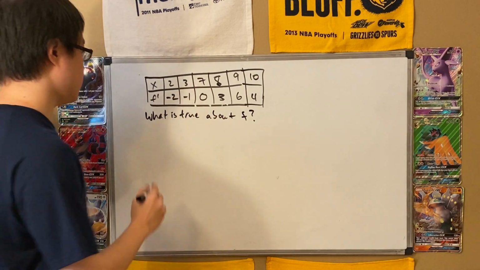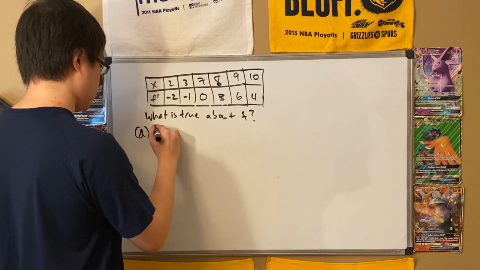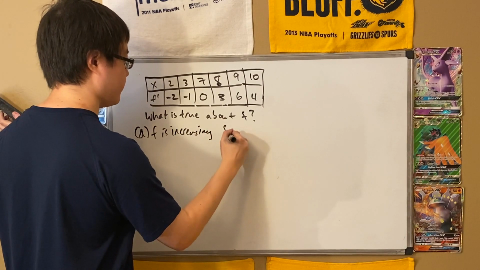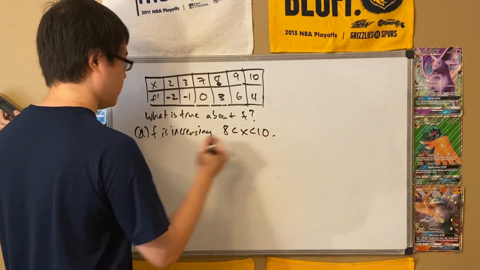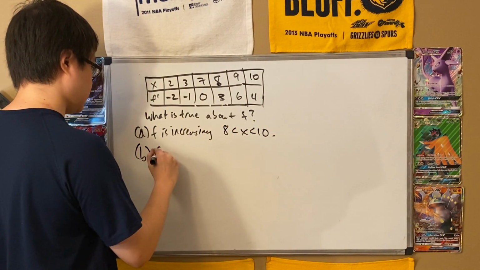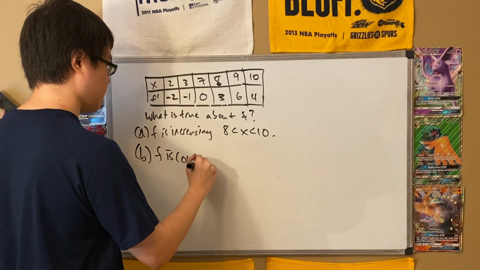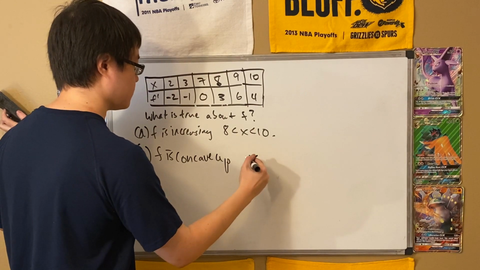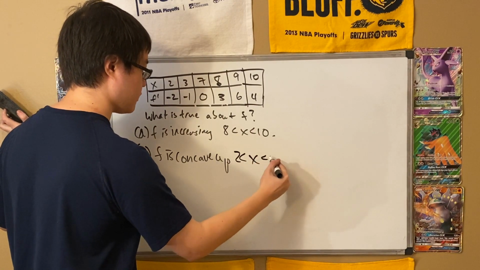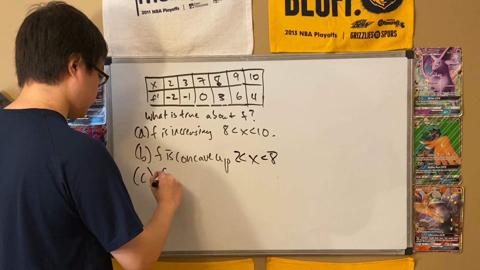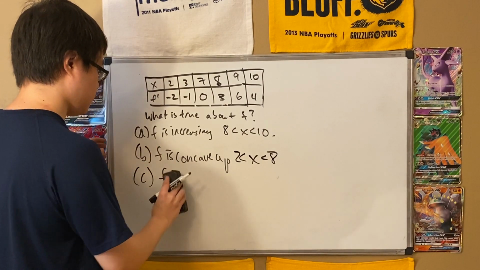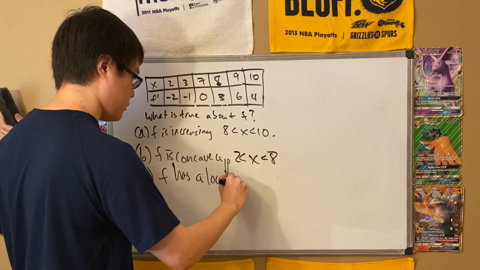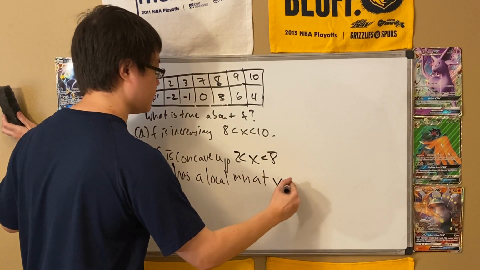So in this case, the question is, what is true about f? My answer choices are going to be: A, f is increasing from x = 8 to 10. Answer choice B is that f is concave up from x = 2 to 8. Then my next one is that f has a relative min, or a local min, at x = 7.